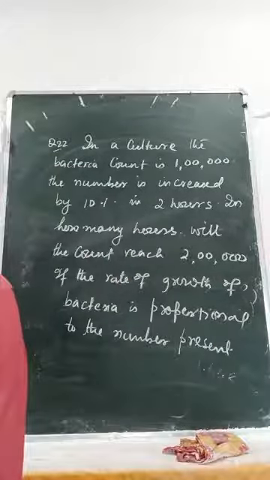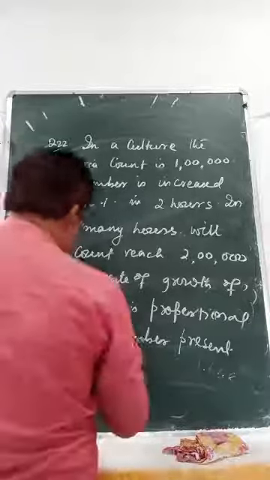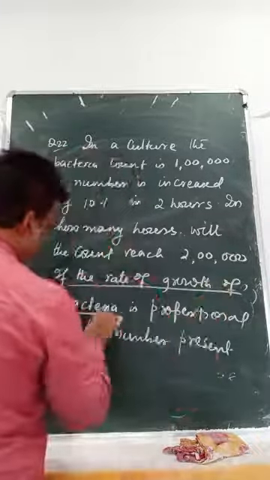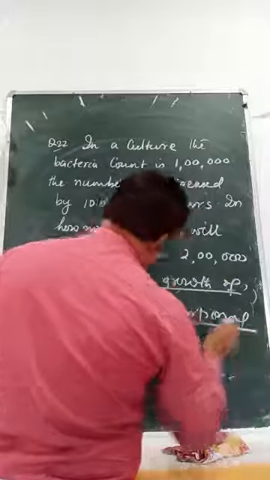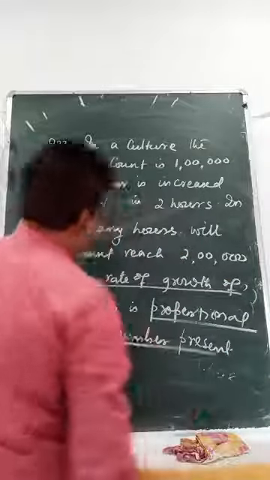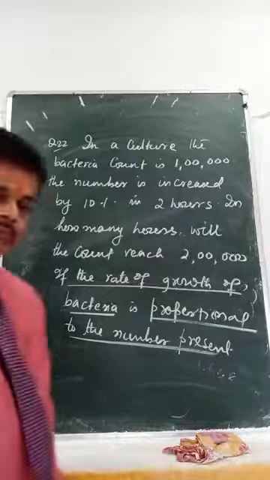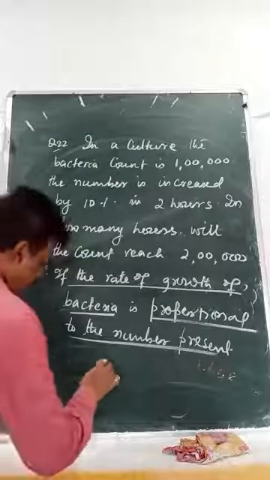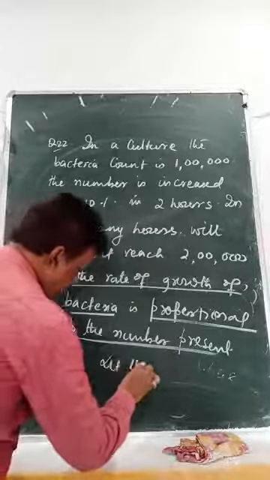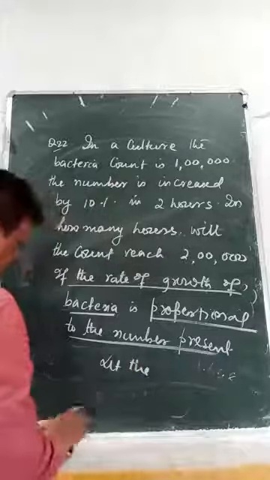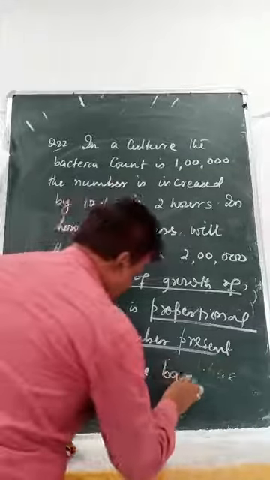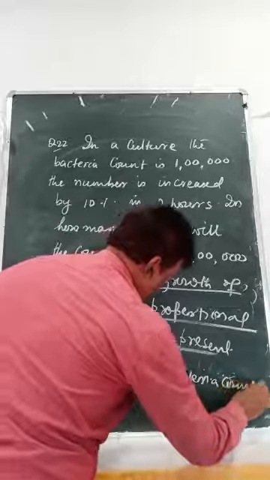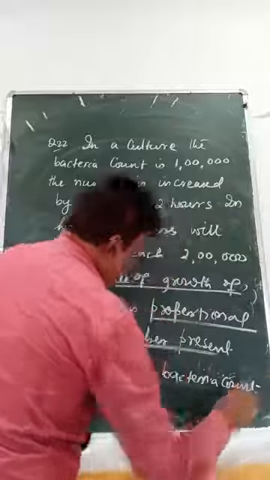Rate of growth of bacteria is proportional to the number present. Okay, that means let the bacteria count be equal to x.